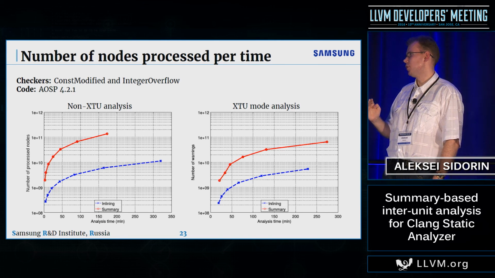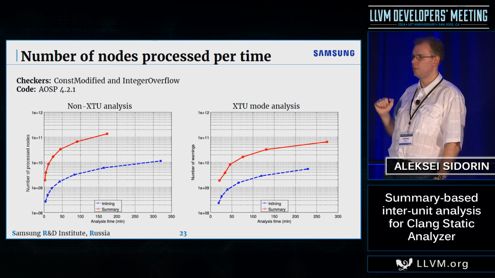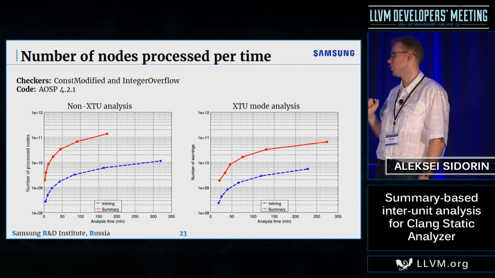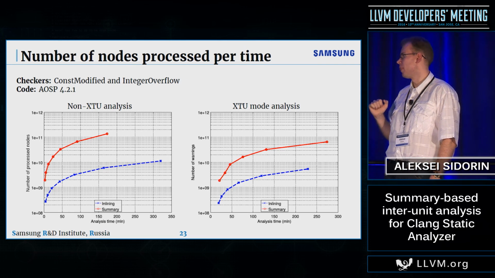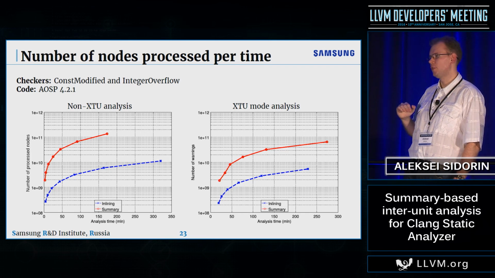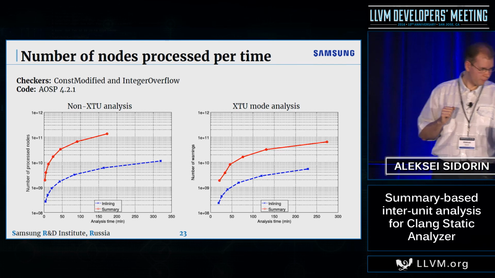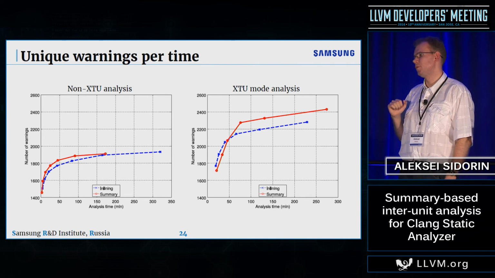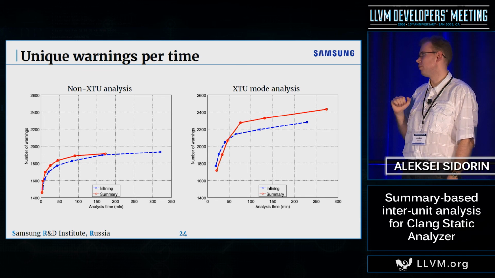For both XTU and single translation unit mode, the summary has much greater performance, and it can analyze nearly 10 times more nodes in a given time. However, as we can see, in XTU mode the performance is a bit less because of input overheads. And the second characteristic is the amount of warnings emitted per time.